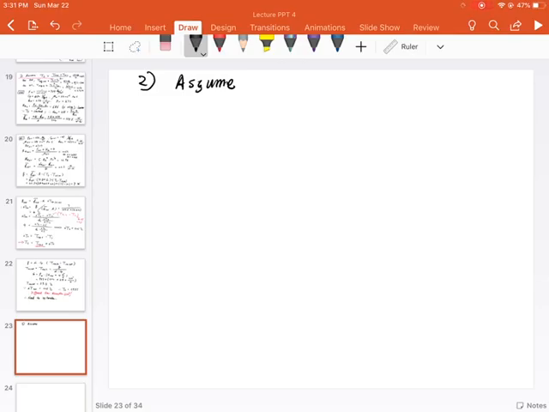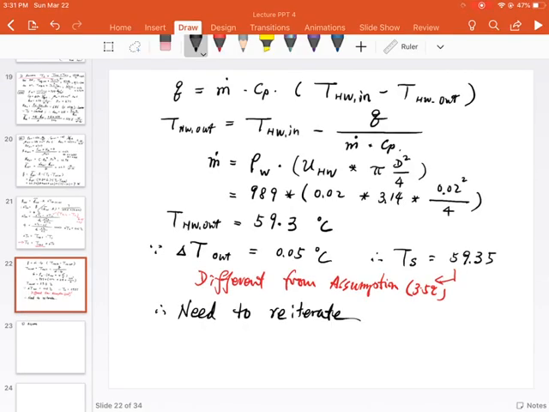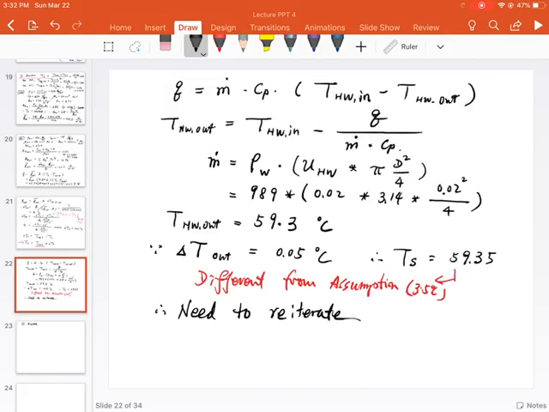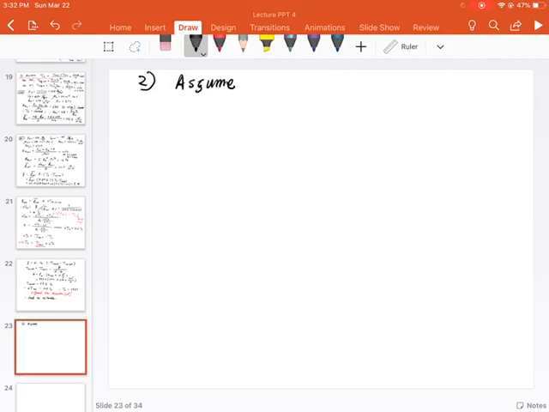If I take the first calculation, that might be too much because it is based on a low temperature assumption. So I will assume somewhere in between 35 and 59.